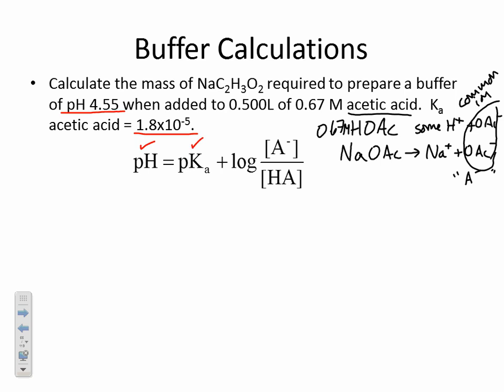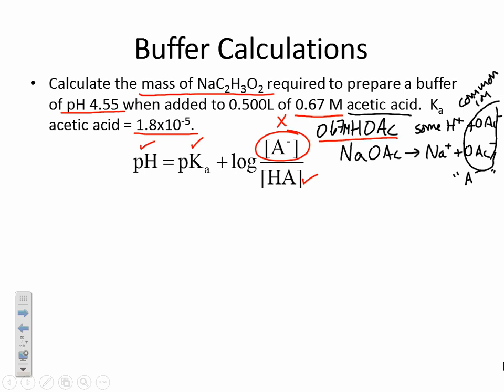It gives us the molarity of HOAc, so the molarity of HA. And look at what it's asking for: the mass of sodium acetate. We've worked out that the acetate ion is the A minus, so that's going to be our X, our unknown. That's how we're going to approach this problem. We want to solve for mass.